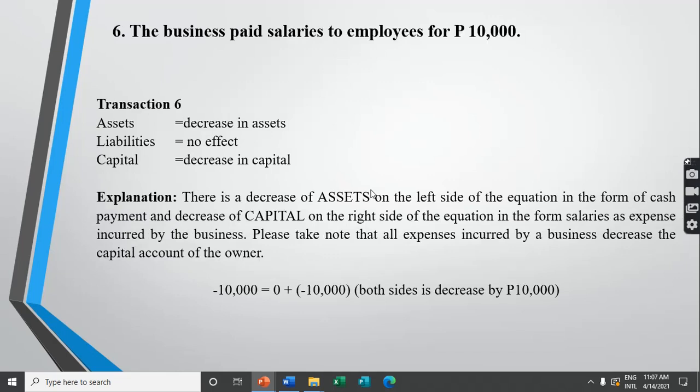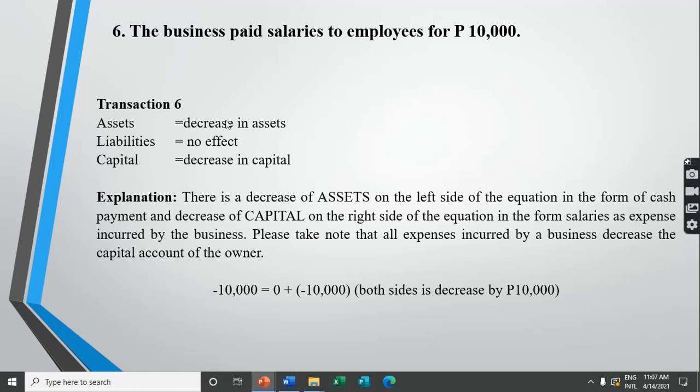Now, let's go to transaction number 6. The business paid salaries to employees for 10,000. So, si business daw nagbayad ng salaries para sa kanyang mga empleyado for 10,000. So, since nagbayad siya, naglabas siya ng cash, nabawasan yung cash mo. Anong mangyayari dun sa asset mo?